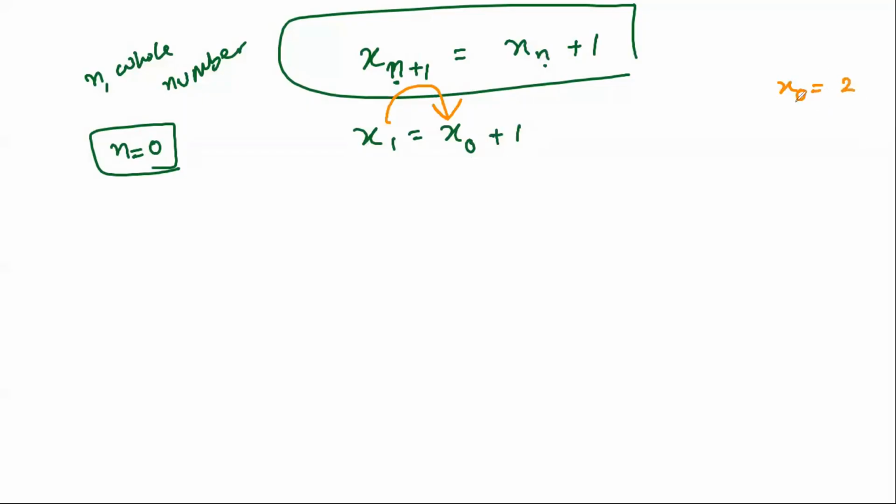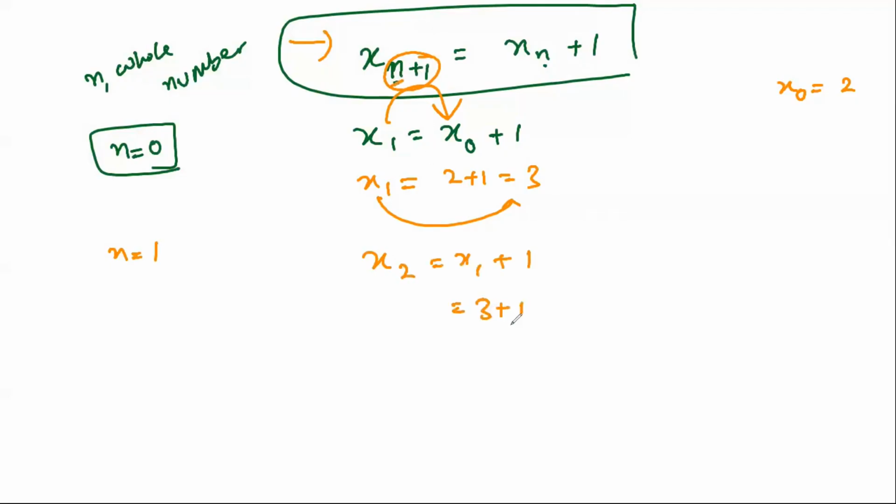So let's say x naught is 2, so we know that x1 is equal to 2 plus 1, that is equal to 3. So I got the value of x1 as 3. Now if I put n equals 1 in the general formula, then x of n plus 1 is x of 1 plus 1, that is x2.